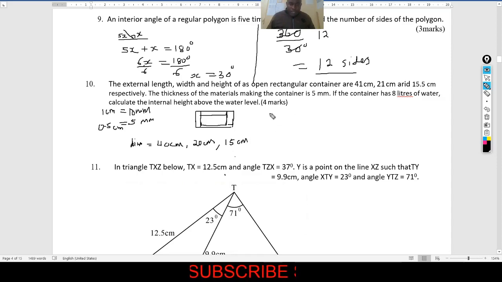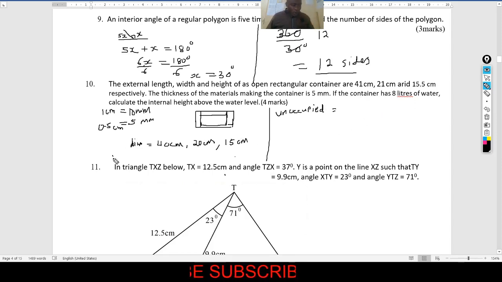Those are now the internal dimensions, and therefore we need to know the unoccupied volume, because we are told that the container has 8 liters of water, which is already there.